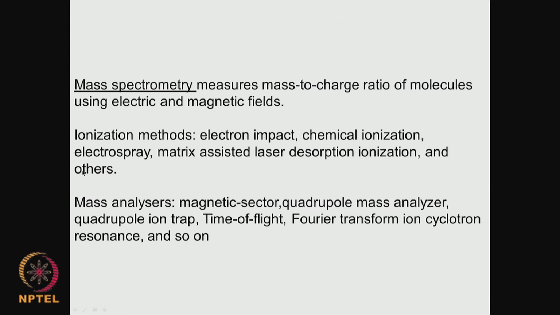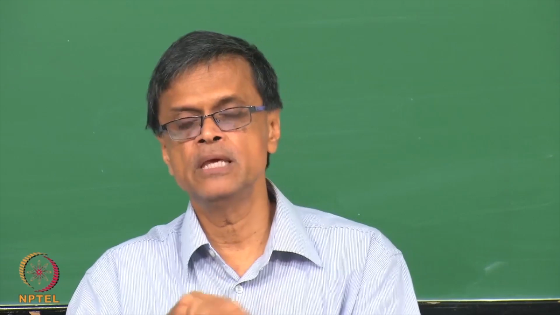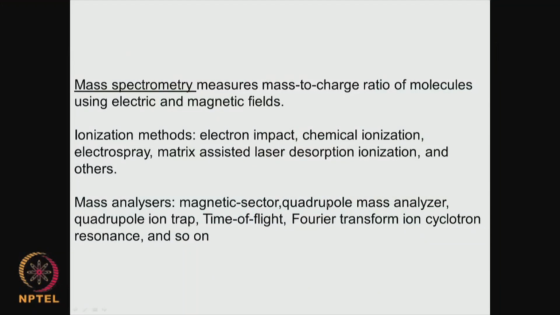Once the molecules are ionized, they can be focused using electric and magnetic fields onto an analyzer. Different types of analyzers are there: magnetic, quadrupole, ion trap, time of flight, Fourier transform ion cyclotron and so on. Actually, we will not spend too much time.